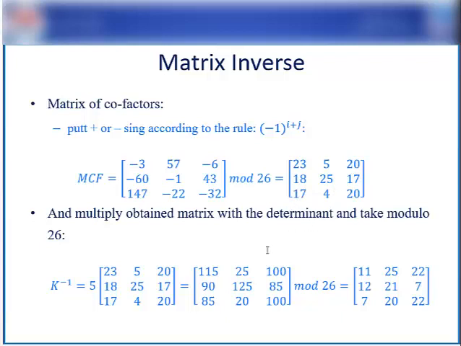We have calculated the determinant of the key matrix and it was equal to 21. The inverse of 21 modulo 26 is equal to 5, since 5 multiplied by 21 gives us 1 modulo 26. So, as a final step to obtain the inverse matrix, we multiply this matrix of cofactors with the inverse of the determinant. So, we have calculated the inverse key matrix.